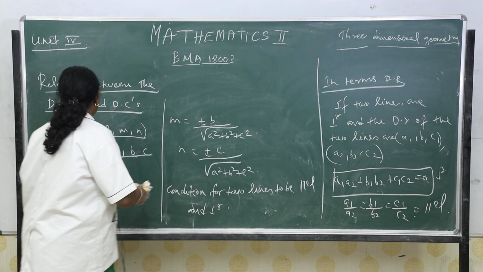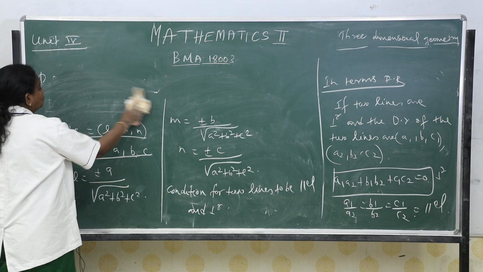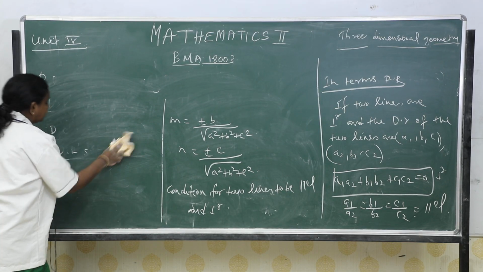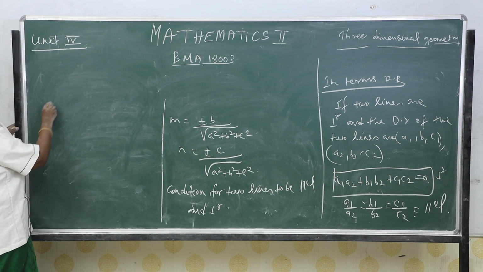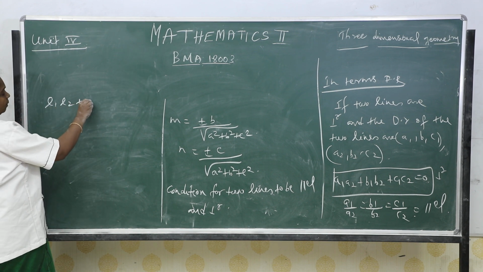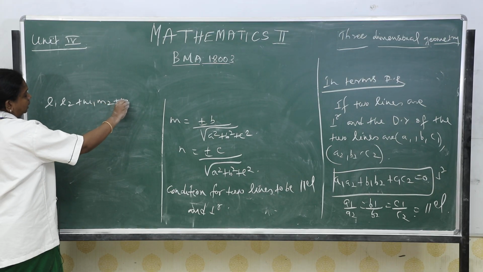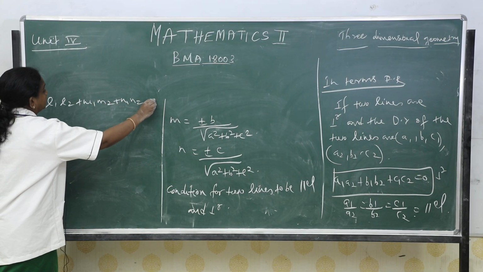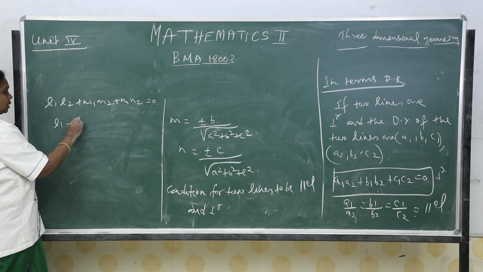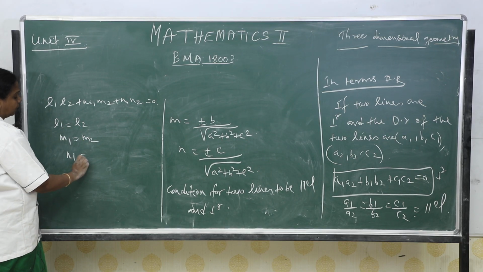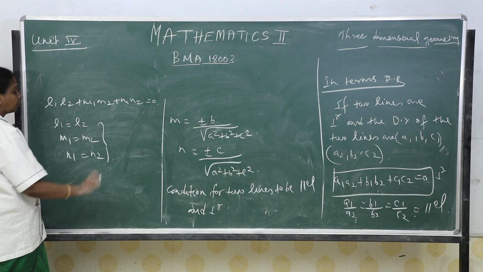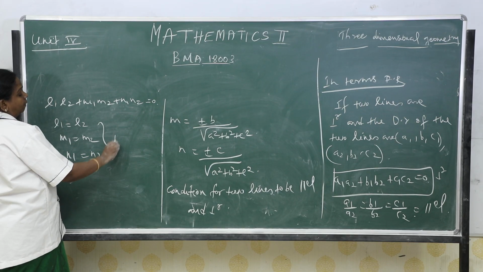In terms of DCs, two lines are said to be perpendicular if L1 L2 plus M1 M2 plus N1 N2 is equal to 0. Similarly, L1 equal to L2, M1 equal to M2 and N1 equal to N2 are the conditions for parallel.